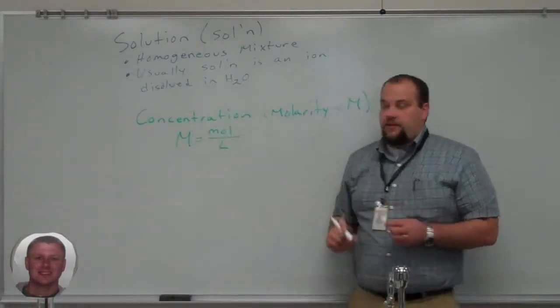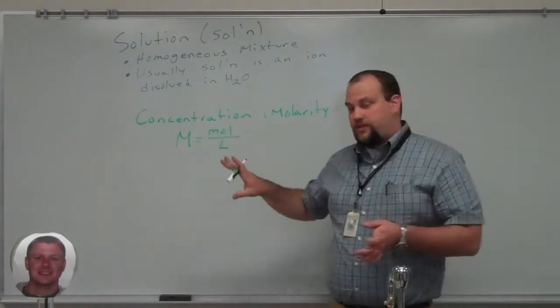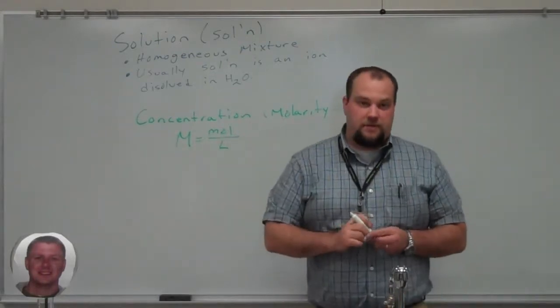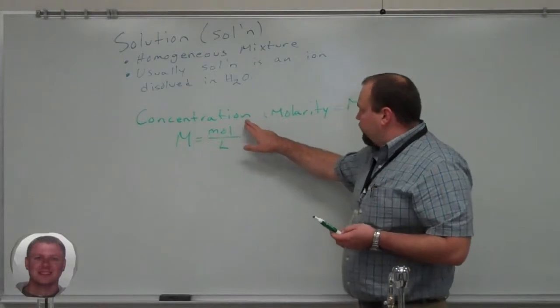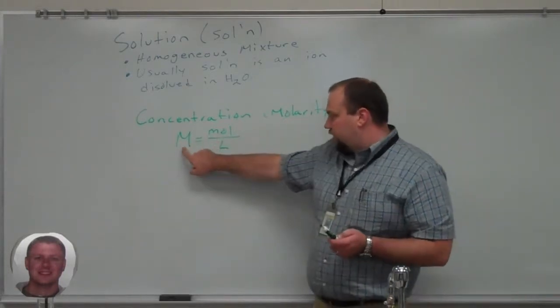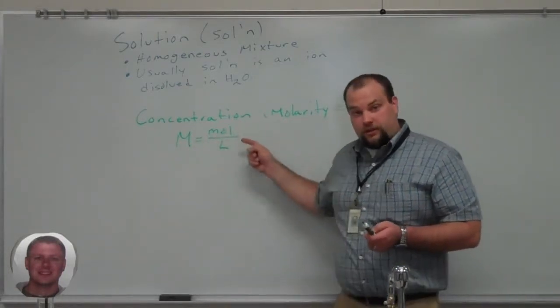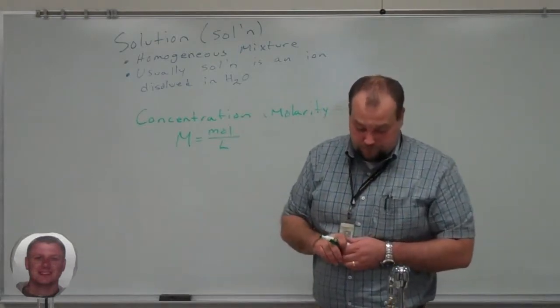Now there are other ways to measure concentration, but this is the primary one, and that's the one we're going to stick to in AP Chemistry. So the concentration is in molarity, and molarity is moles per liter, or moles over liter.